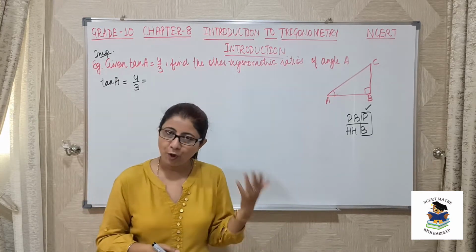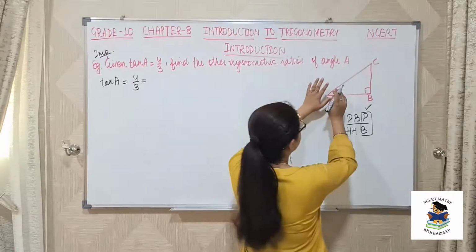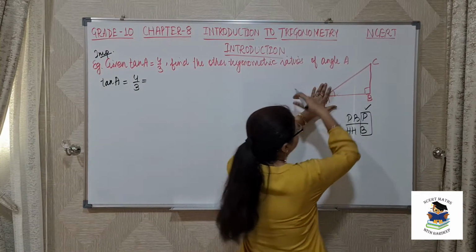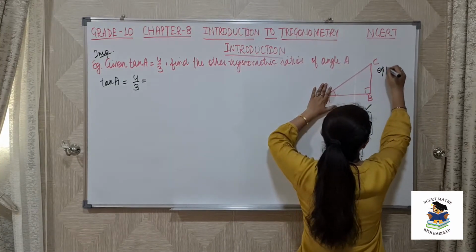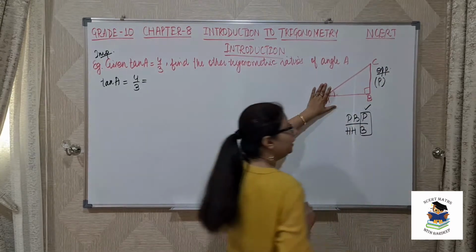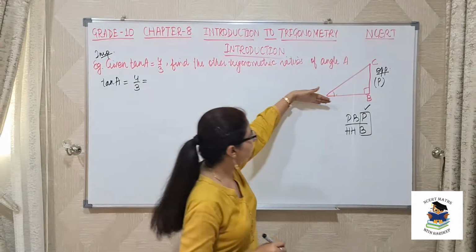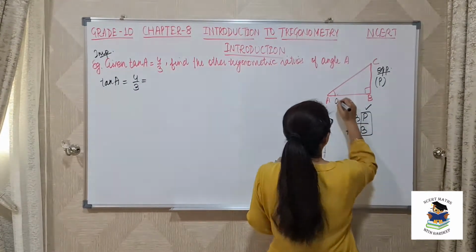Perpendicular is also the opposite side and base is also the adjacent side. This is the angle, so the side that is opposite to angle A is your opposite side, or we can say perpendicular. And this AB is adjacent or base.